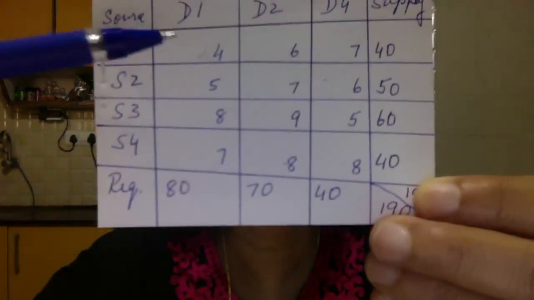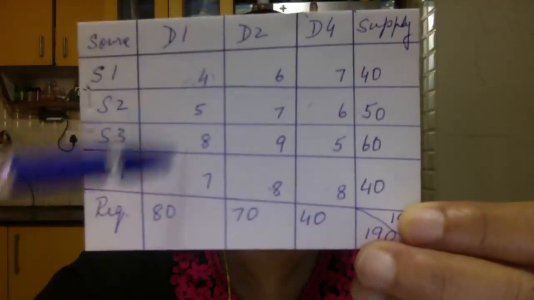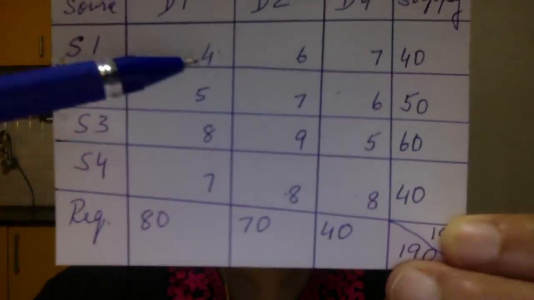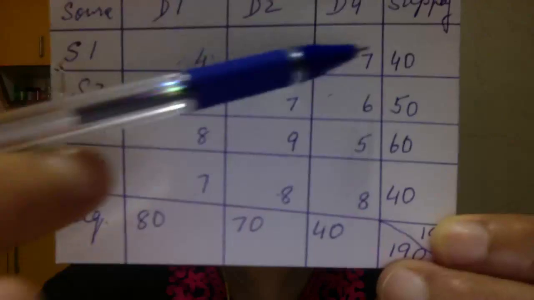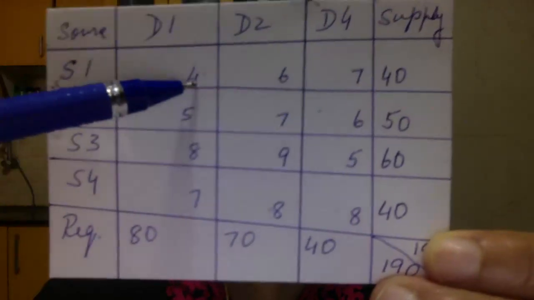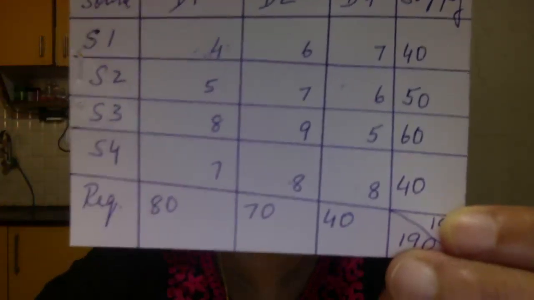Now you look at 4. There is 40 supply. And how much is there? 80. So what I'm going to do is, I'm going to give all this supply to 4. So this 40 becomes 0. This 4, I will give all the 40, and this 80 becomes 40.